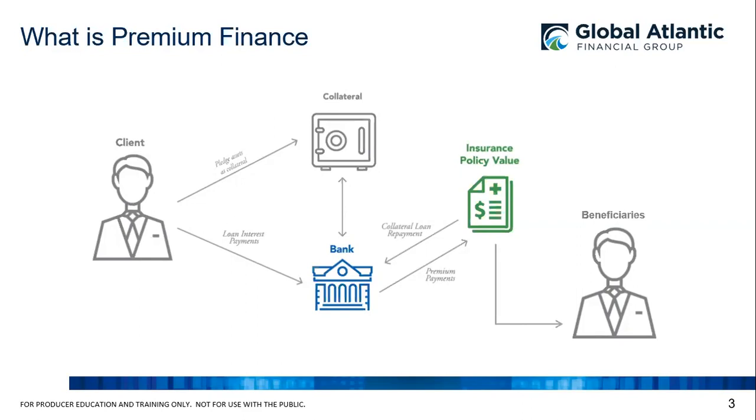So eventually we can stop making interest payments on the loan, and then we own the policy free and clear without a collateral assignment on it. And the net death benefit after we repay back the loan is obviously the same as the death benefit of the policy itself. So I just wanted to give you a little bit of background of what premium financing is.